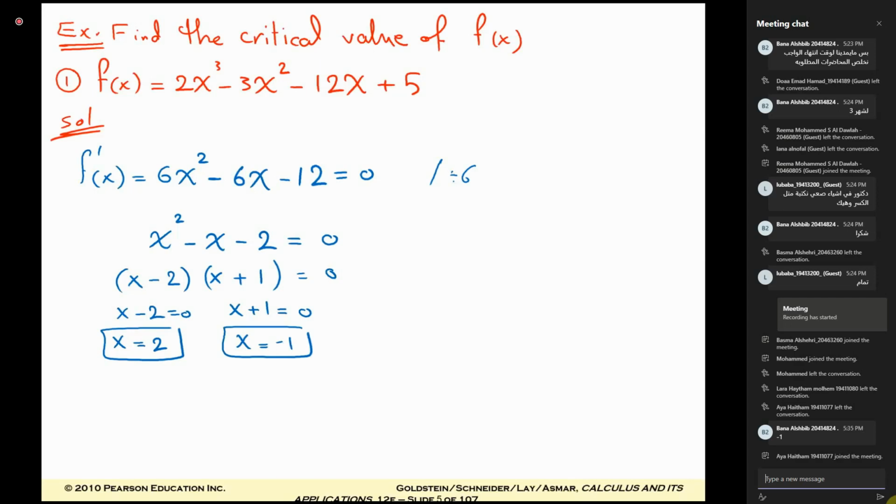If we need to find the critical points, we must find the points: 2 and f of 2, and -1 and f of -1.